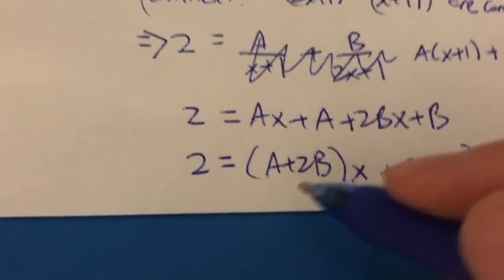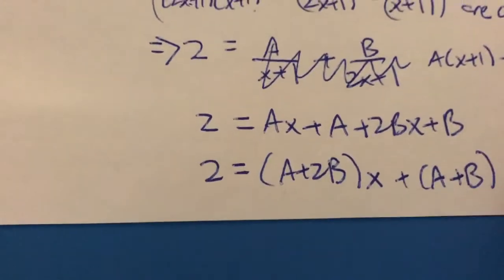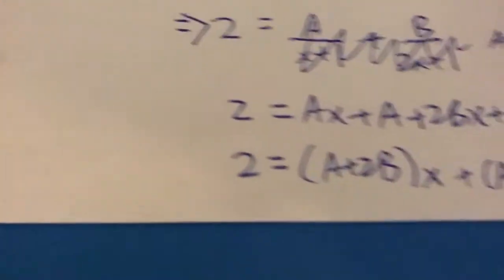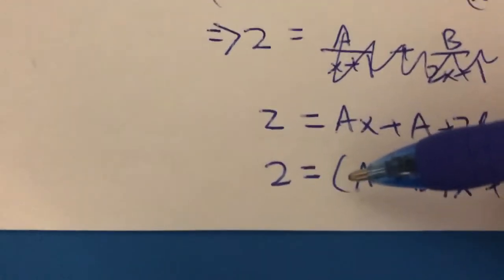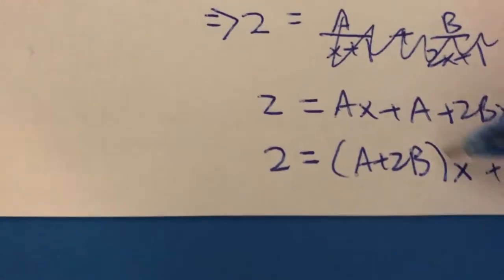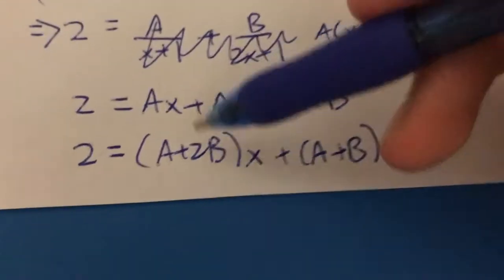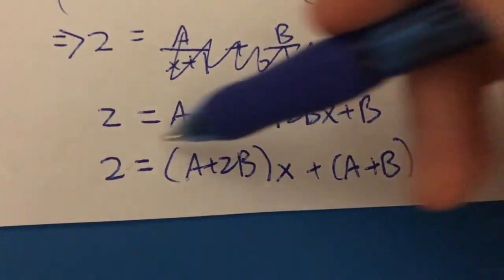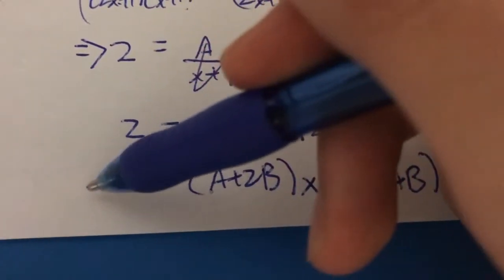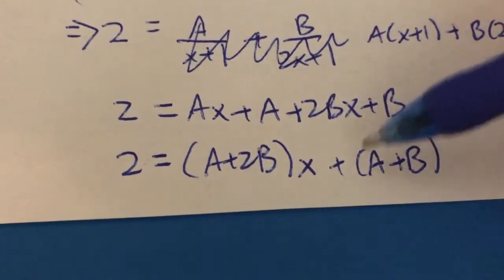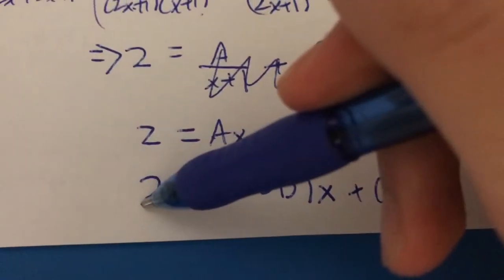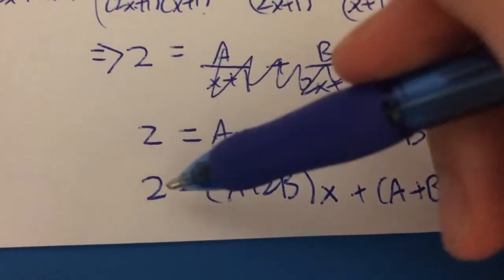So we have 2 is equal to a plus 2b times x plus a plus b. All right, so I'm going to go over here because I don't have enough space. So because we have that now, we can say that since this is equal to this entire term, this entire coefficient is equal to 0 because there is no x term on the left side. This one is a constant term. This entire term is equal to 2 because there actually is a constant on the left side.